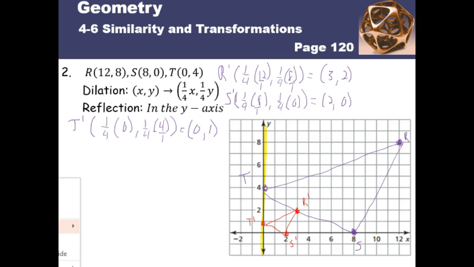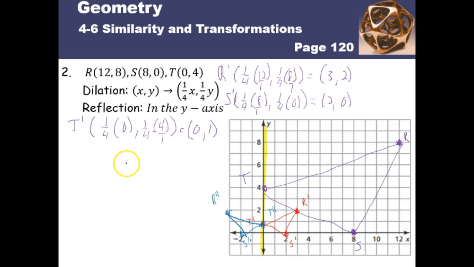I'll do this in blue. R prime is 3 to the right of the line, so R double prime has to be 3 to the left. And then T is on it, so T double prime is not going to move either. And then S prime is 2 to the right, so S double prime is going to be 2 to the left. And I'm going to connect the dots.